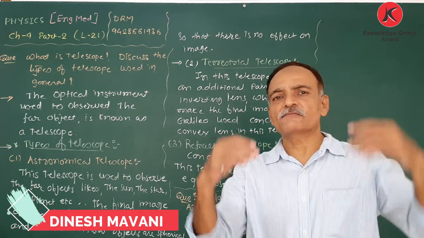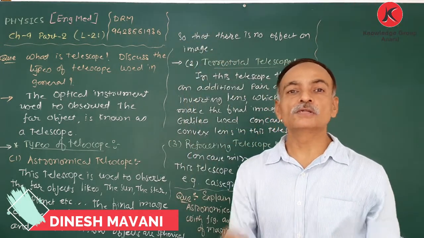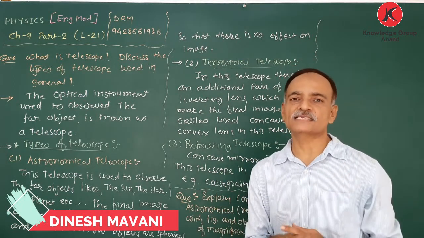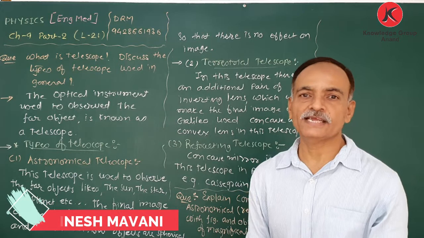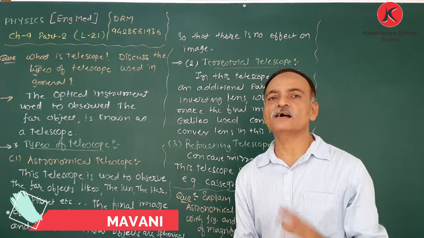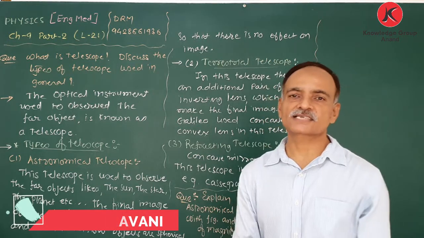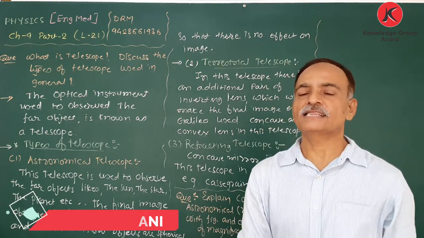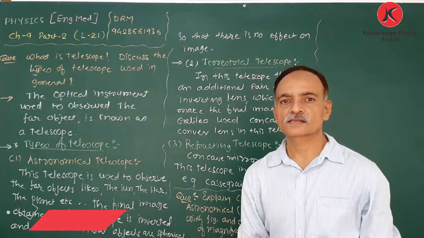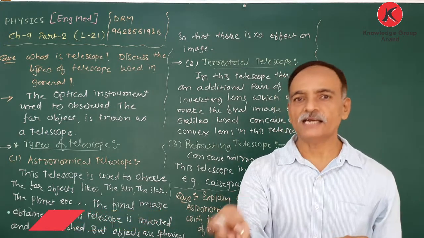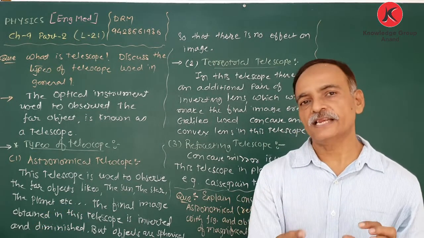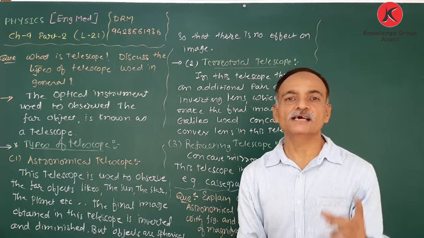The object is at a very large distance and also very large in size, that means huge in size, such as the sun, planet, star. When we are observing this type of object, the size of the object is very large. But due to the far distance, we can't obtain its image clearly.